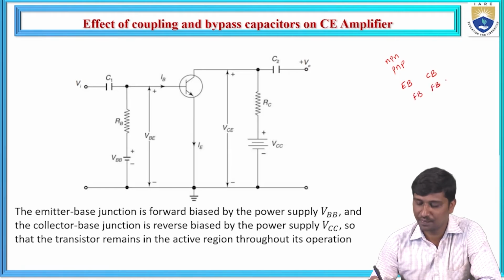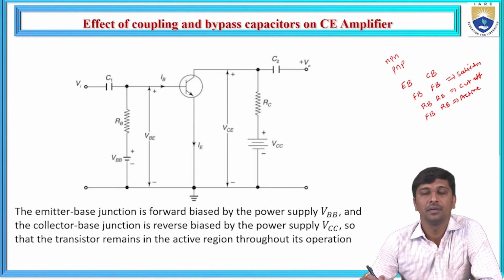When both junctions are forward biased, it acts in saturation mode, and when both junctions are reverse biased, it acts as a cutoff region. When the emitter base junction is forward biased and the collector base junction is reverse biased, it acts in the active mode configuration.